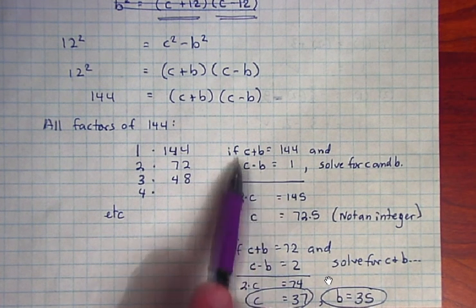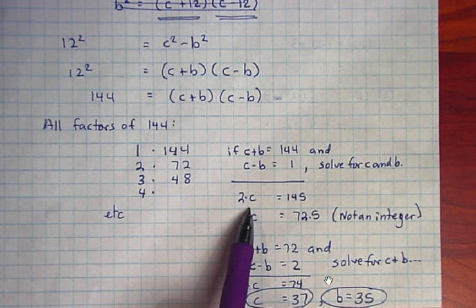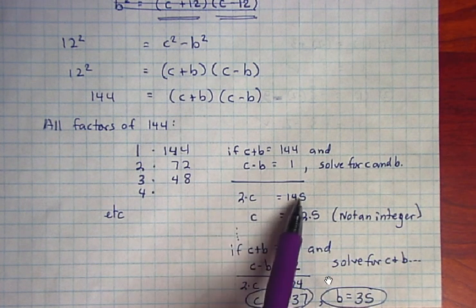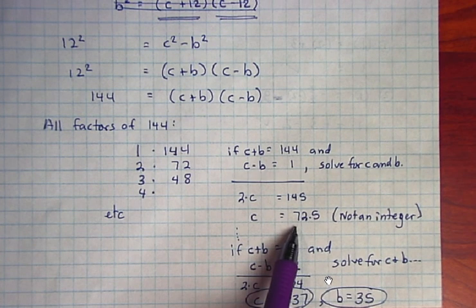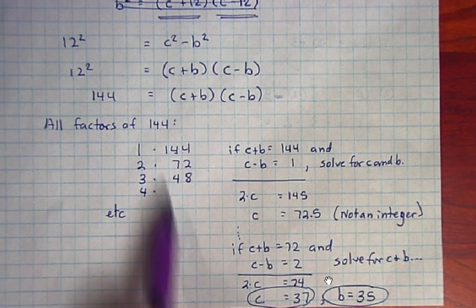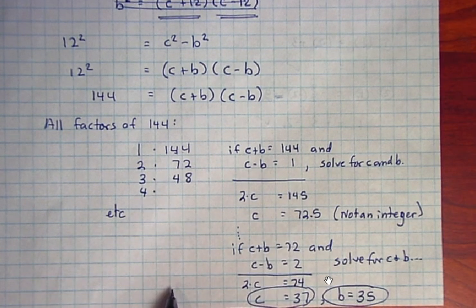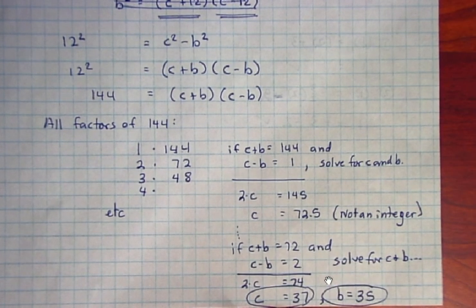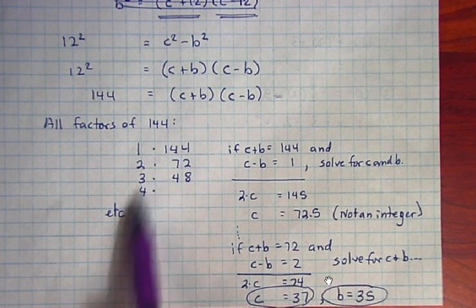You have to solve for c and for b. Well, that means if I add these two equations, I get 2c is equal to 145. So c is going to be 72.5, but that's not an integer. And you're told that the answers have to be integers. So do this for all the factors. Find all of the c and b values that would make up all the factors.